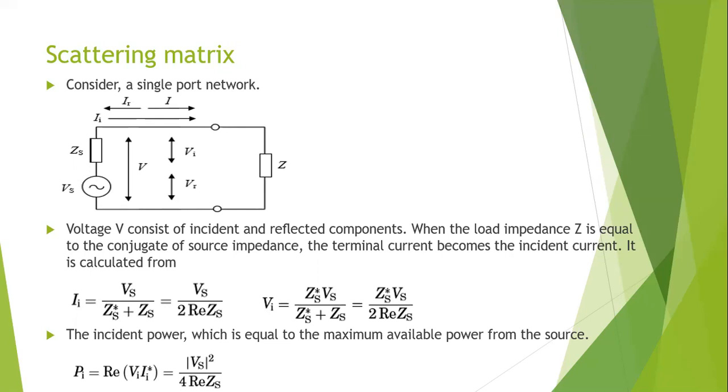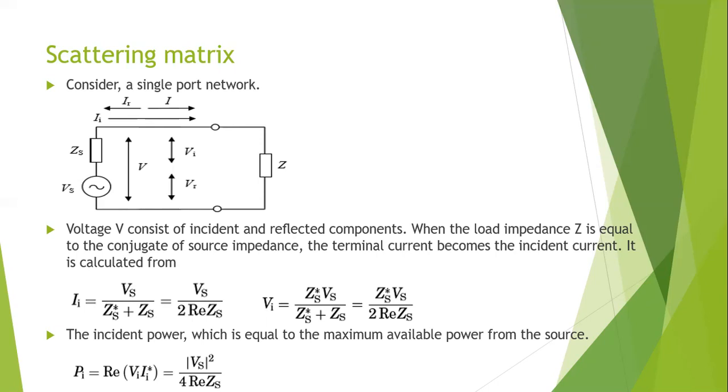Generally, the scattering matrix gives a lot of information about the incident waves and reflected waves. We consider current and voltage as incident waves and reflected waves, as traveling waves in the circuit. So if you apply voltage Vs across the load, the voltage wave travels towards the load, and some of the voltage wave that travels towards the load is reflected back.